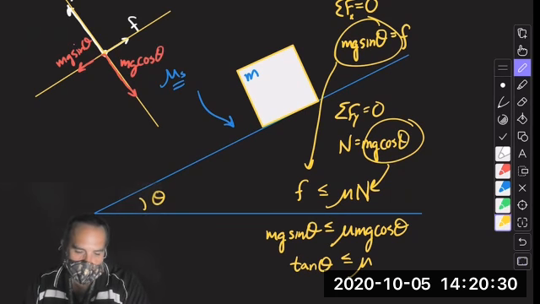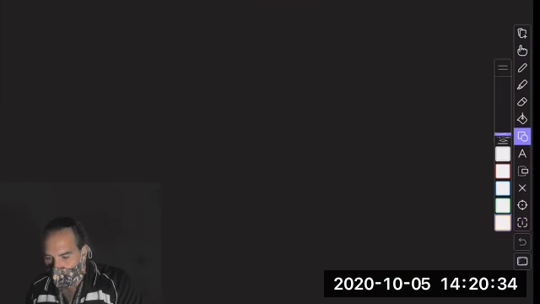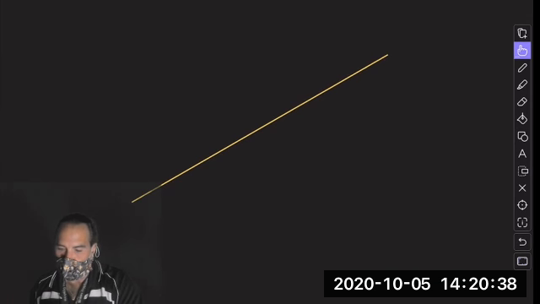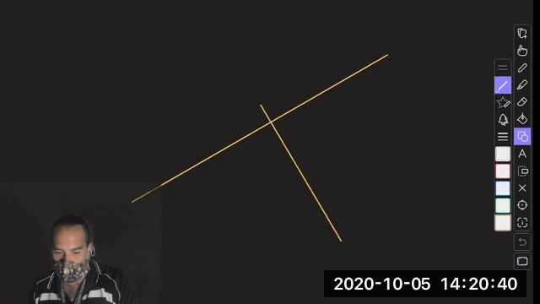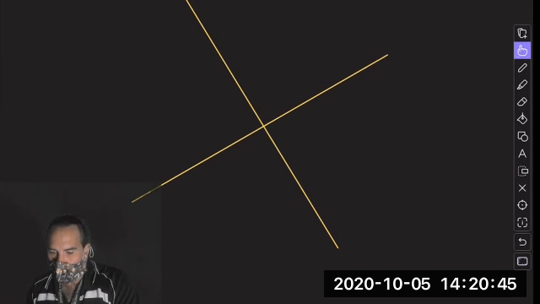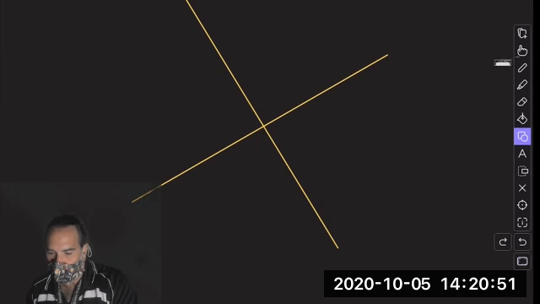Back on the free body diagram. Yeah, I could. Let's, I'm just gonna make it nice and big so that there's less ambiguity. The weight has to be directed straight down. I wanna make it a different color.